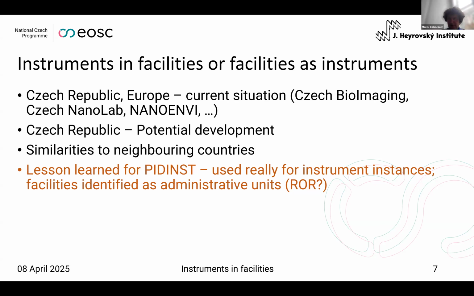So that's a presentation of one view. As Rolf mentioned, last time we had different opinions, and this is one of the opinions expressed, and now hopefully we have specified better what we mean by facility and by instrument.